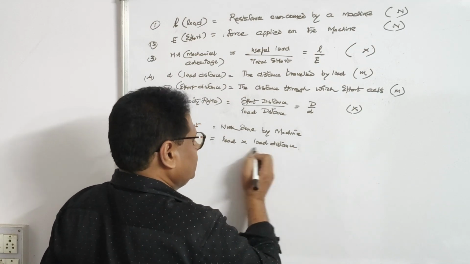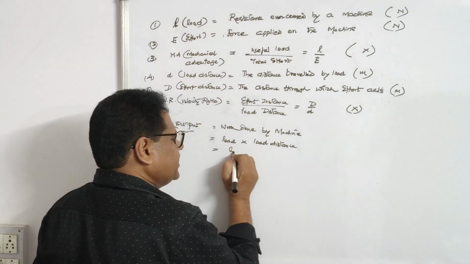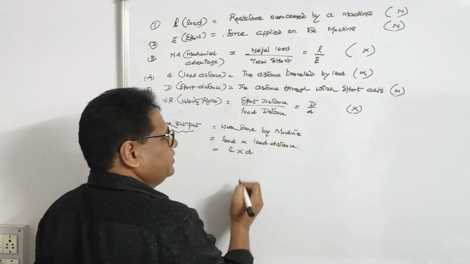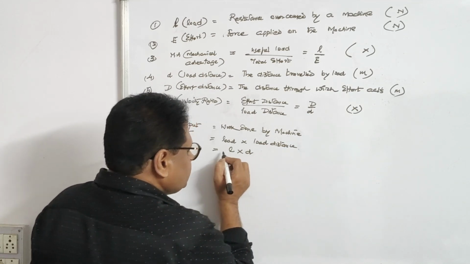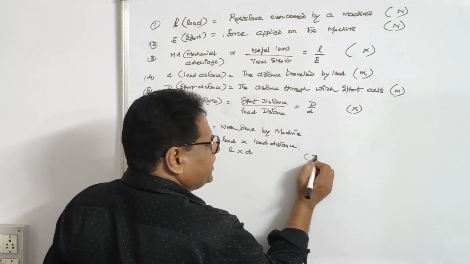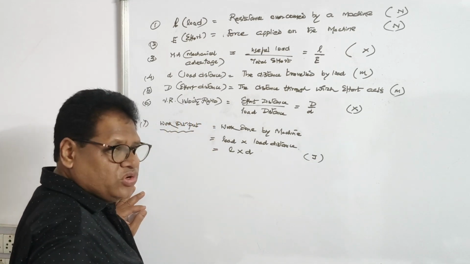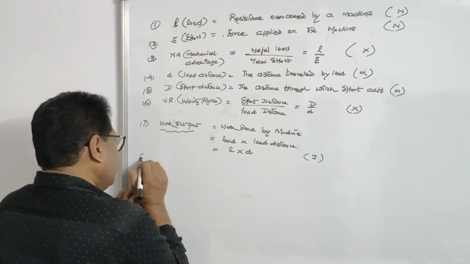Mathematically we can write it as small l into small d. Because this is work done, we shall write it in joules, J for joules.